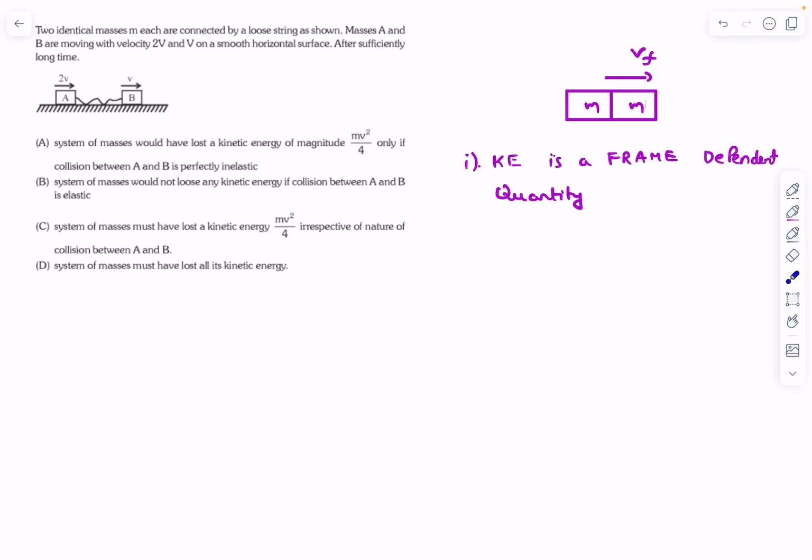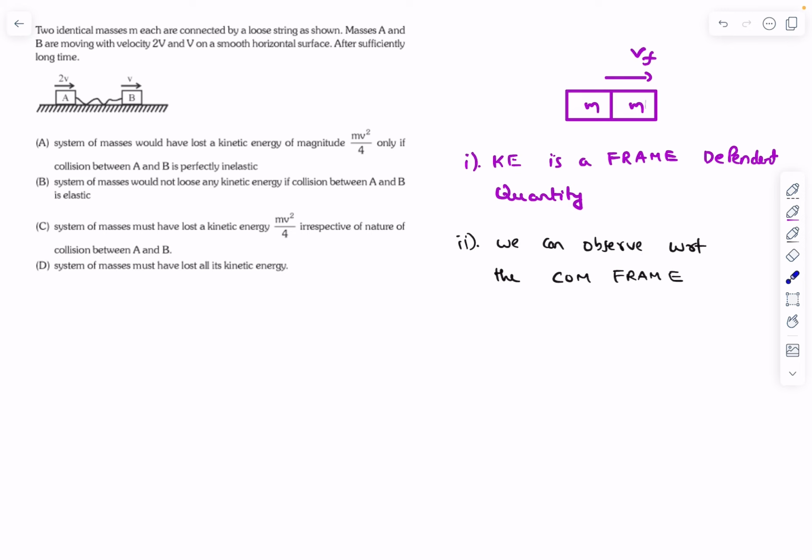But when we talk about loss in kinetic energy in the case of collision, what happens to the lost kinetic energy? It is emitted as heat or sound energy or something like that, and those kinds of energies are frame independent. So that's why we can use the center of mass frame here. That's the reason we can observe with respect to the center of mass frame in this question.